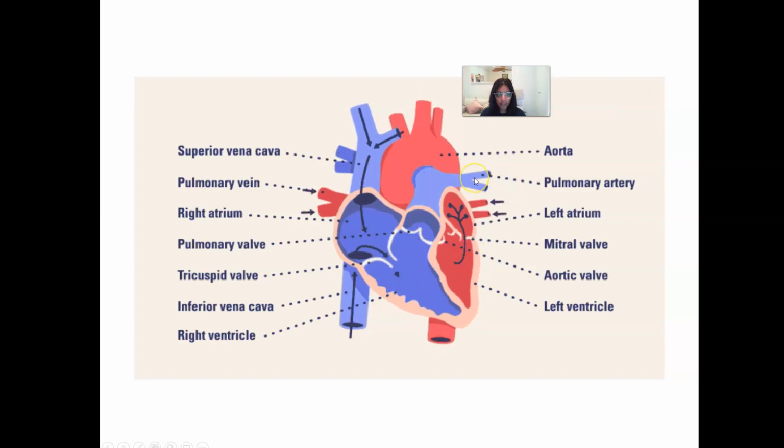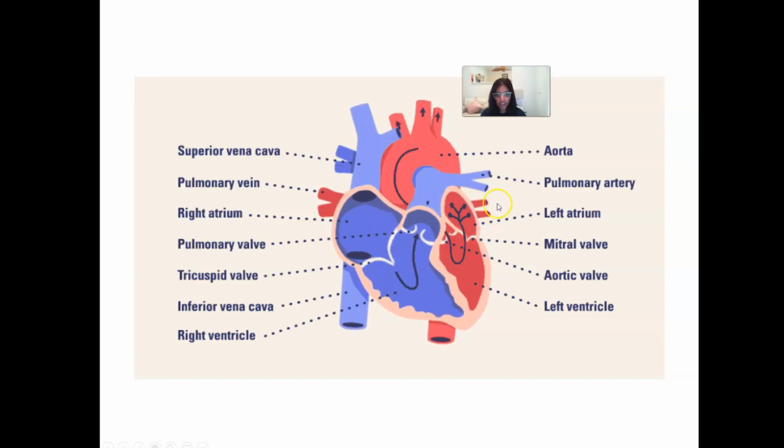Once that blood has become oxygenated, it will then return to the left side of the heart, here and here, in the pulmonary vein. So the pulmonary vein enters this small chamber at the top, and this side is red. So this is the left atrium. It flows down into the left ventricle.